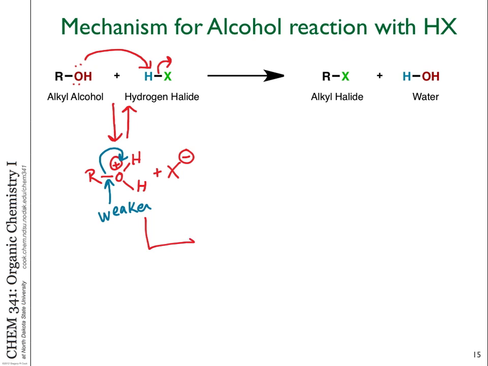And that's going to then form some carbon group. I'm just using R here generically. Some carbon group, which now has lost electrons, so it has the plus charge, and it's what we would refer to as a carbocation.